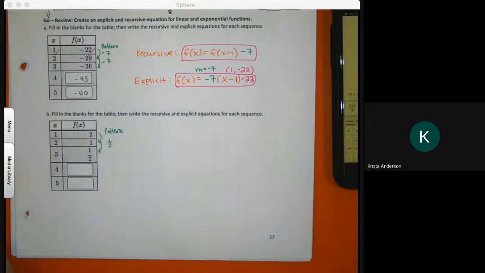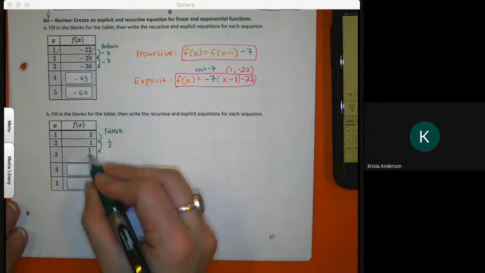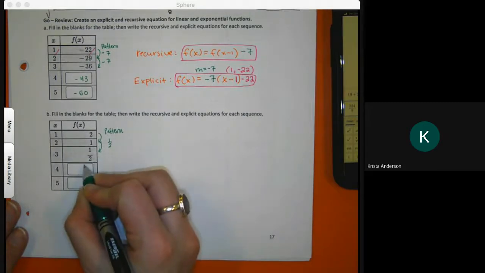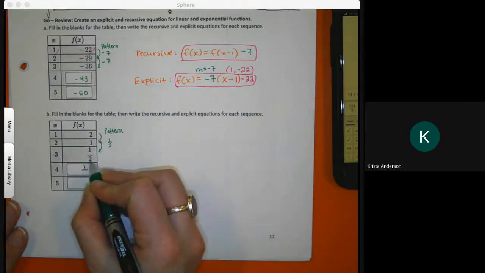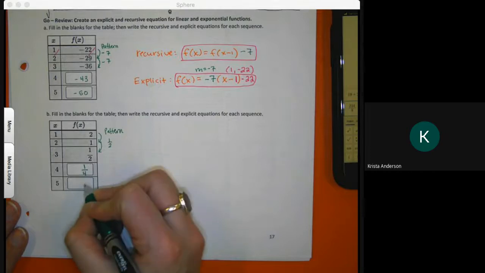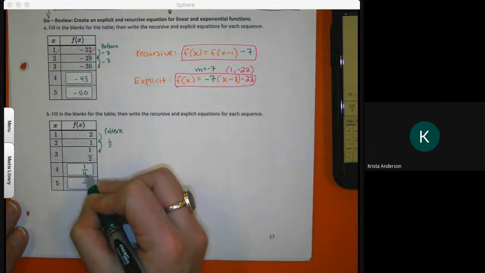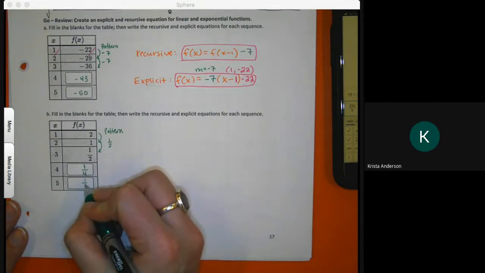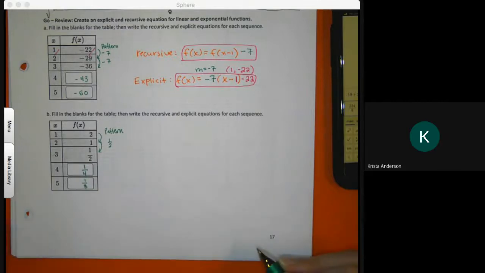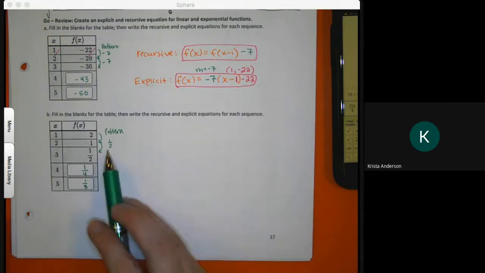So that means that my next question, if I cut this in half, I would have 1 over 2 times 2 is 4. Then I would have 1 over 4 times 2 is 8. The bottom is being multiplied by the 2.